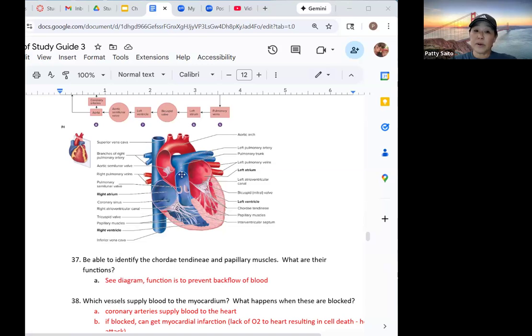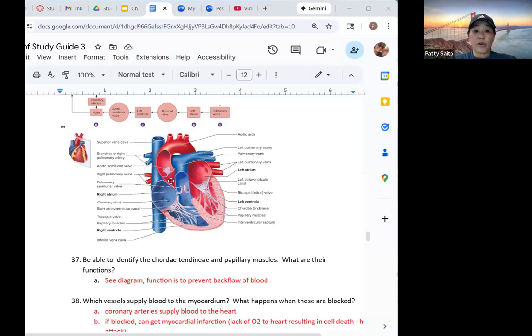But it begins as the pulmonary trunk as it leaves the right ventricle through the pulmonary semilunar valve, and the blood passes through the pulmonary trunk. Okay. Pulmonary arteries. This is the right one on this side, and this is the left one on this side. Okay. So pulmonary artery comes after the pulmonary trunk. Next, we have the aorta.